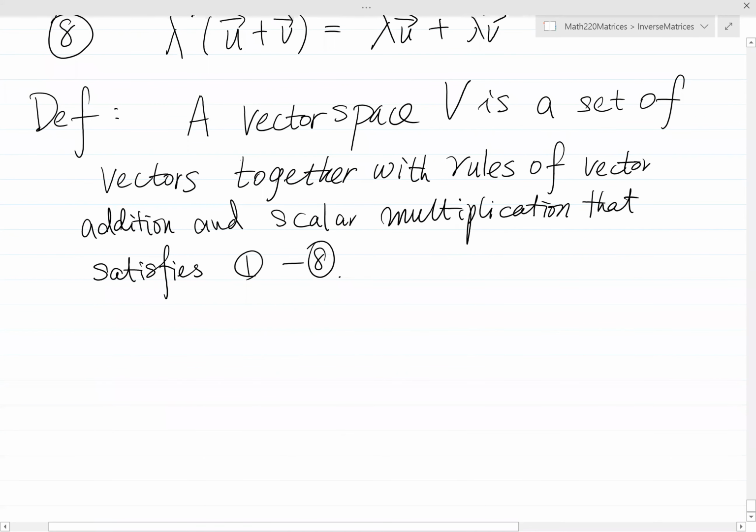Okay, let's see some examples of a vector space. Example: let M be the set of 2 by 2 real matrices.